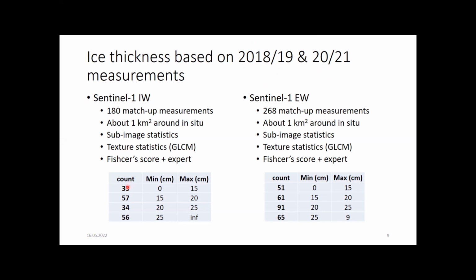All in all, we have around 50 to 60 measurements between different ice thicknesses. But the story is similar: we have some area over the in situ measurement location, we collect statistics, texture analysis, and again the Fisher score plus our expert opinion on what parameters to use in the model.